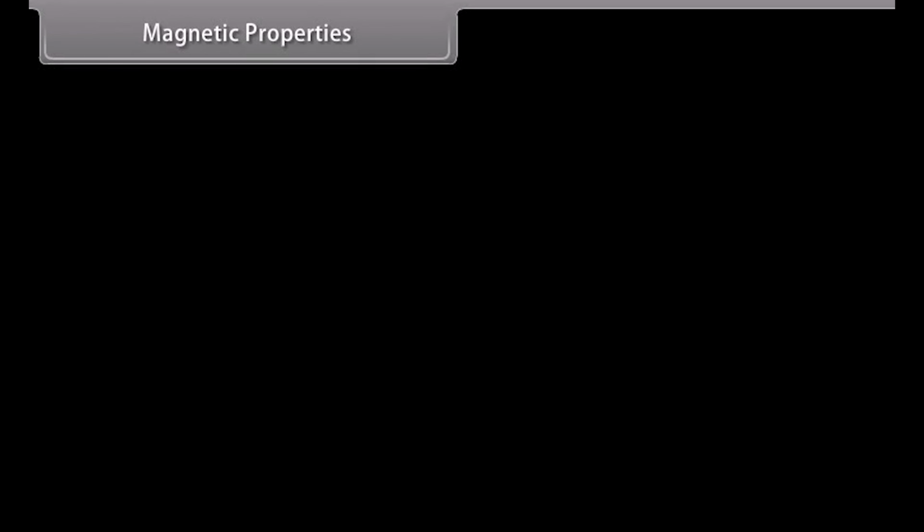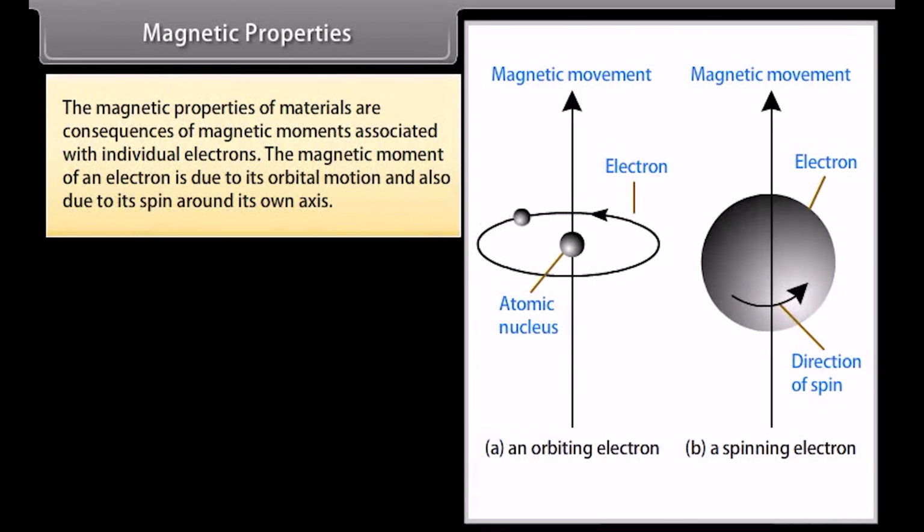Magnetic properties. The magnetic properties of materials are consequences of magnetic moments associated with individual electrons. The magnetic moment of an electron is due to its orbital motion and also due to its spin around its own axis.